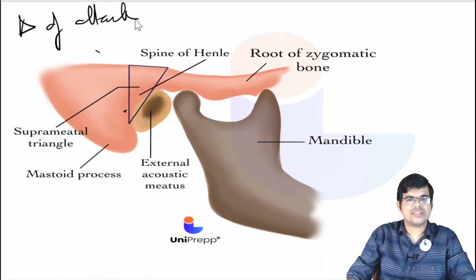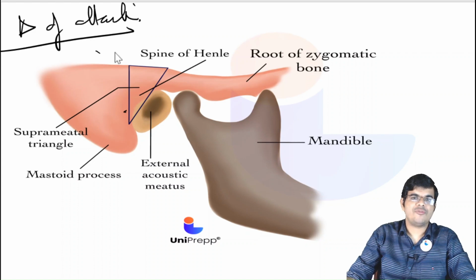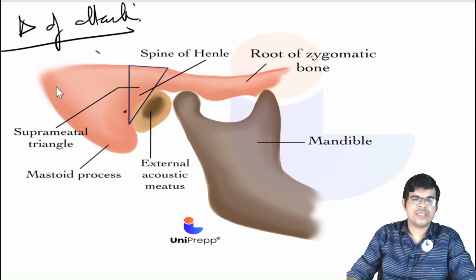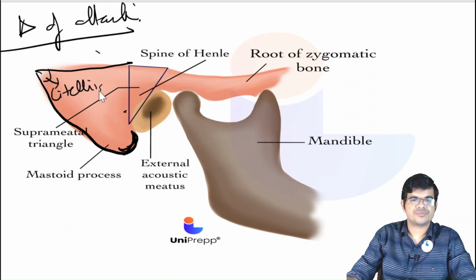The triangle of attack is the area where you can safely drill while doing a mastoid surgery, and it is bounded by the tegmen plate superiorly and the sigmoid plate posteriorly. Inferiorly you have the sinodural angle, or the Citelli's angle. Citelli's angle is another name for the sinodural angle.